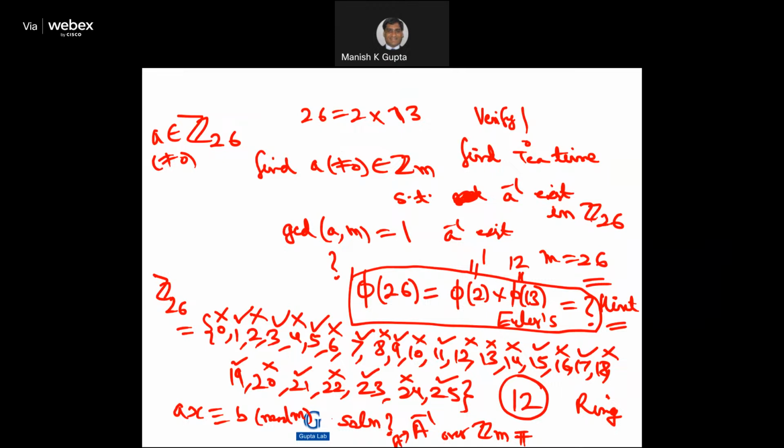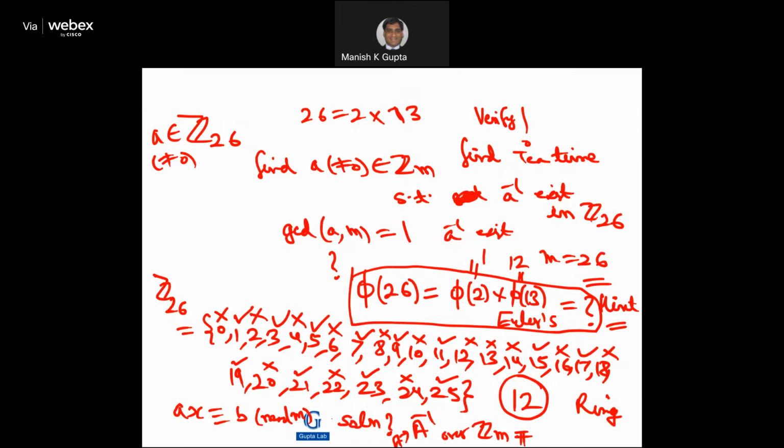Now, if A is a non-zero element in Zm such that its inverse exists, right? I mean this Z26 I am talking about. So M I am taking as 26. Basically, GCD of A and M is 1, right? If GCD of A and M is 1, then the inverse will exist. We know that.